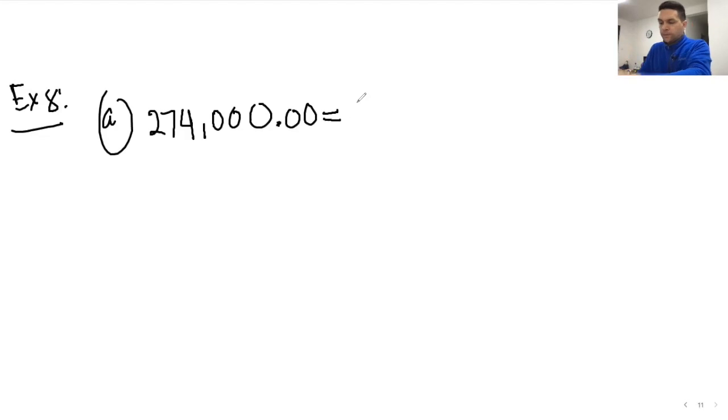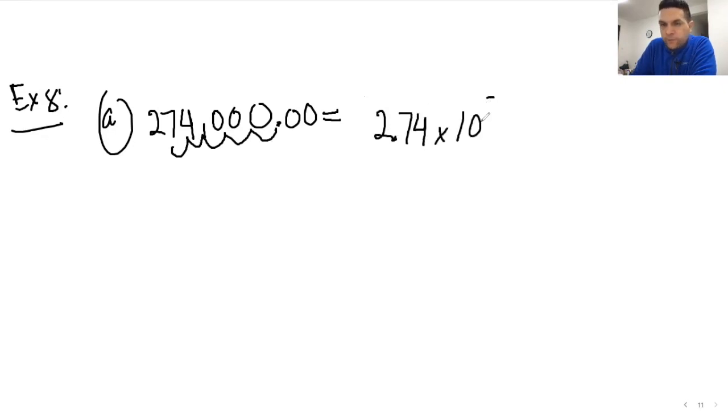Okay, good. So the decimal point is here. I move it 1, 2, 3, 4, 5. So this is going to become 2.74 times 10 to the fifth power, or 5. B, we got 30.